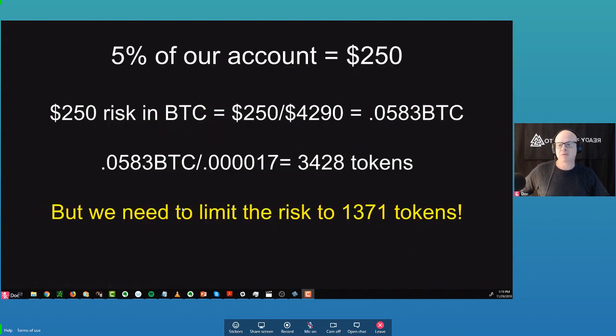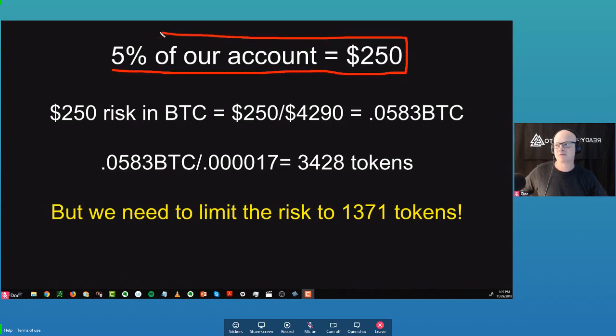Okay, so let's do the math here. If anybody doesn't get what I'm doing here, 5% of our account, which is a $5,000 account, is $250. 5 times 5, 25, $250. So $250 of risk in BTC.